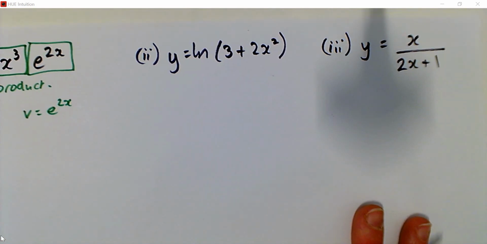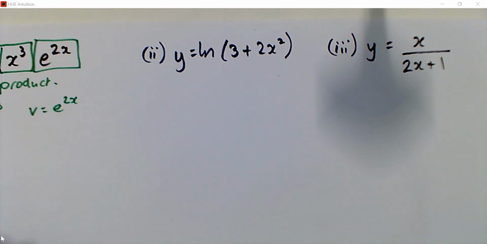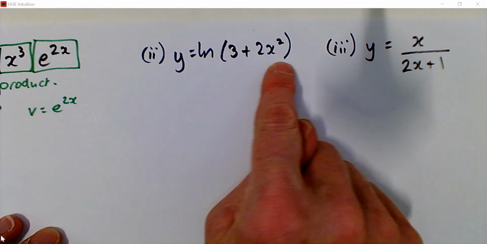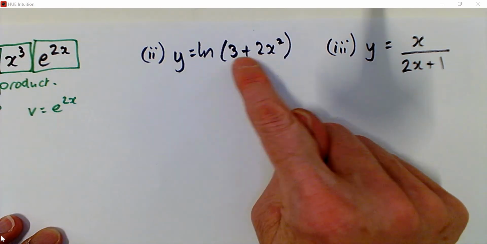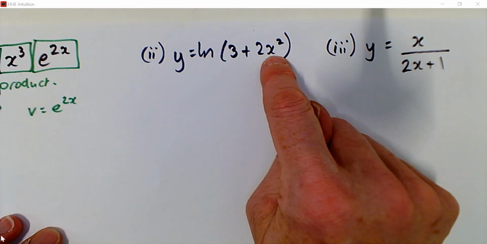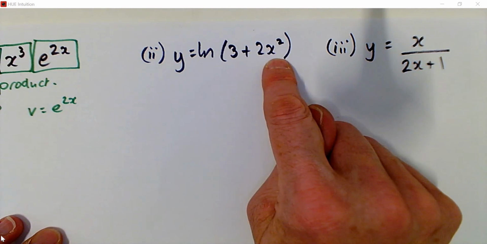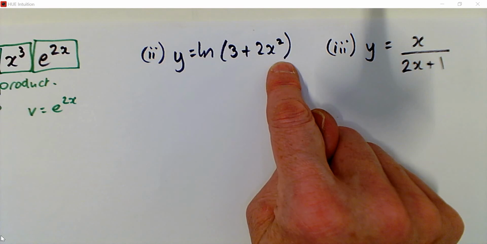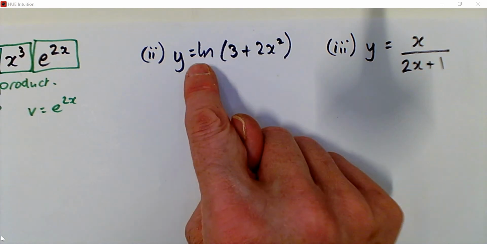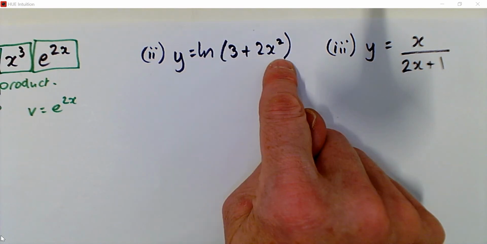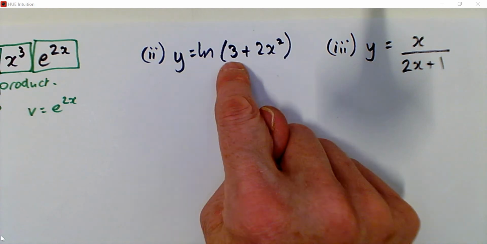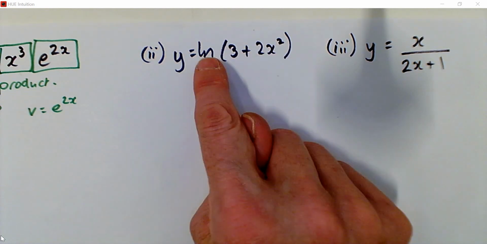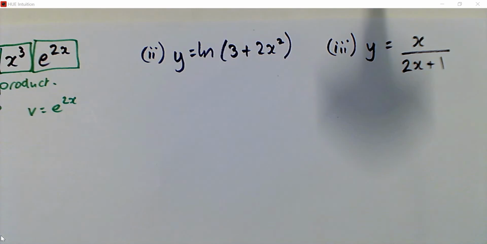Let's look at the next one. Again, we can't simplify this log because it's not just 3 times 2x squared. If there's an addition or subtraction there, you can't simplify that log using log rules. And we don't have 2 things times together, because it's natural log of this bracket, not natural log on its own times the bracket.